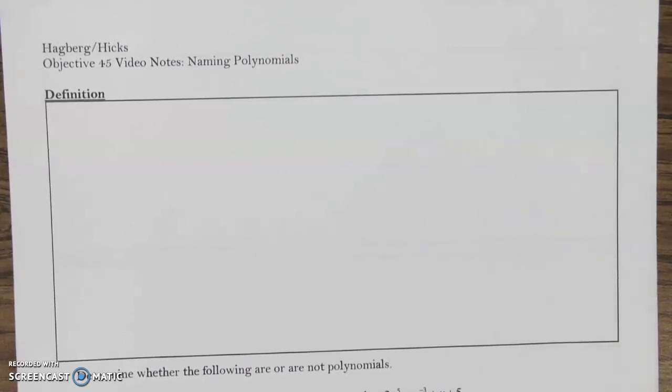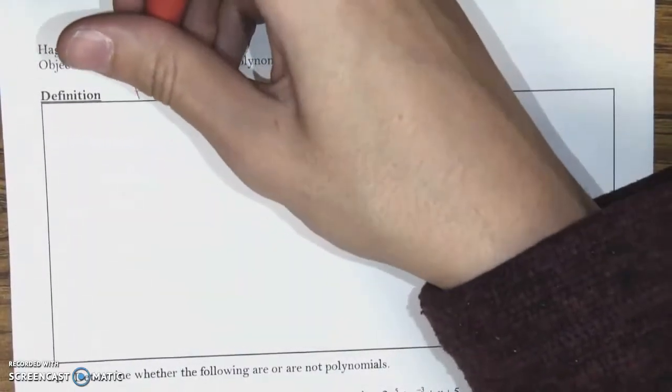So this unit, we just finished up talking about exponentials. Now this part of the unit talks about polynomials. A polynomial, let's start off by defining what a polynomial is.